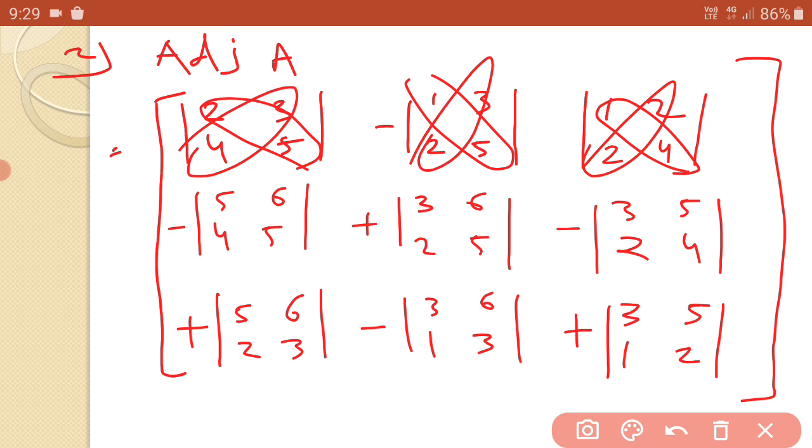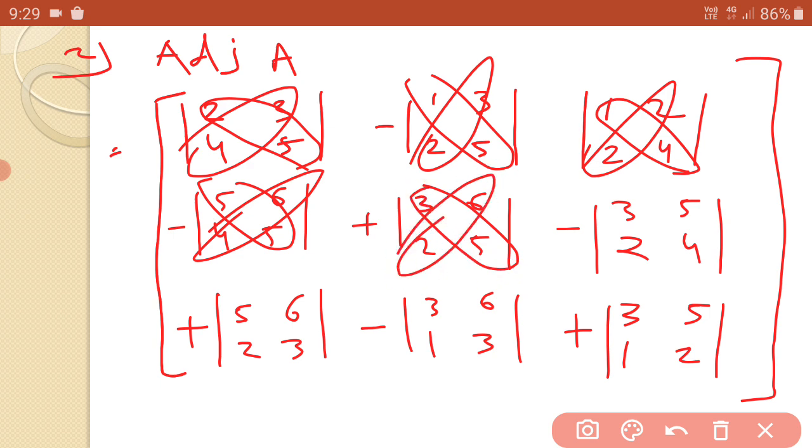So 0. Then 5 5s are 25, minus 6 4s are 24. So 25 minus 24, 1, and this is minus 1. Then 5 3s are 15, minus 12. 15 minus 12, 3.